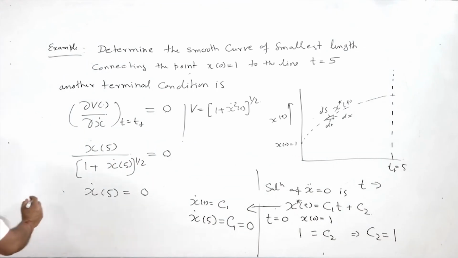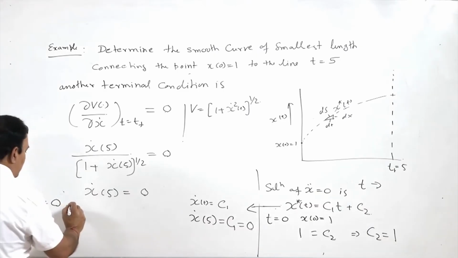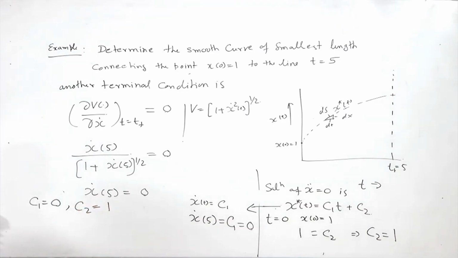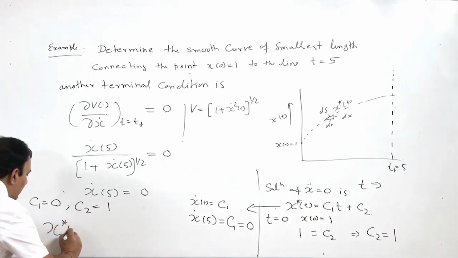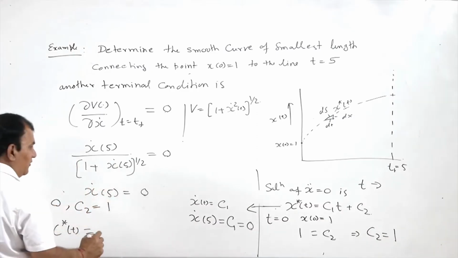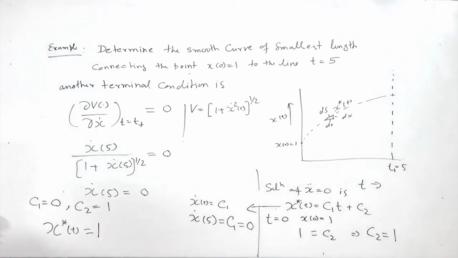So, I have my two constants as C1 equal to 0 and C2 equal to 1. So, my optimal trajectory will be x star t, as C1 is 0 and C2 is 1, x star t equal to 1.